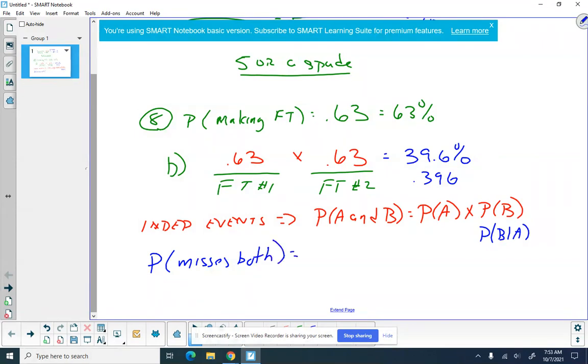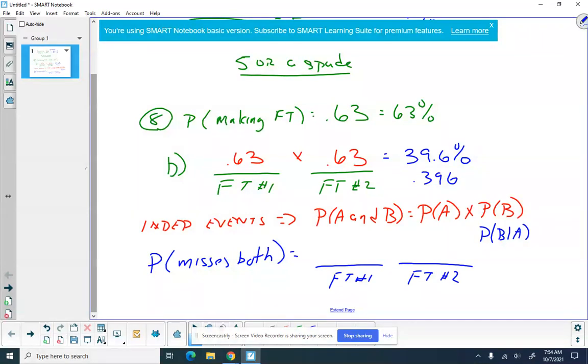Probability of missing both. If he has a 63% probability of making a free throw, what's his probability of missing a free throw? 37%, because you're either going to make or miss. You either make it or you miss it.